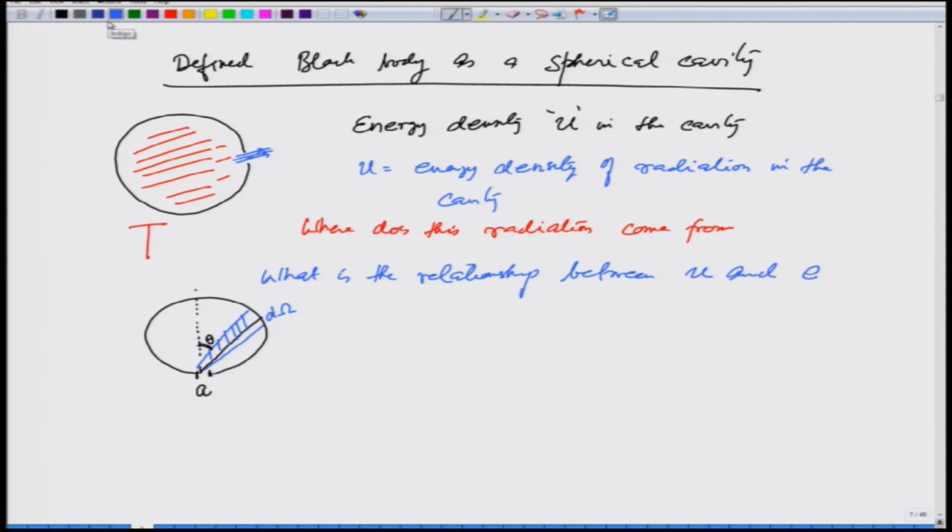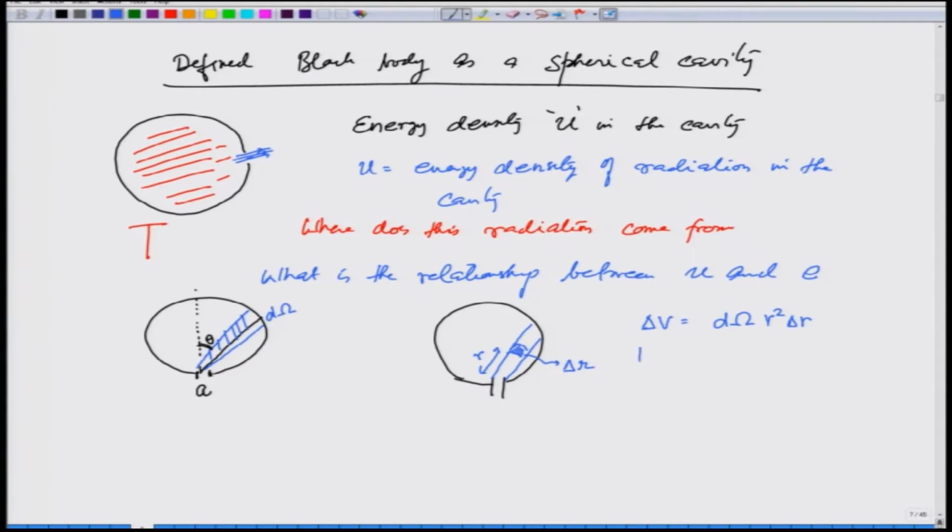I will make this picture again. Here is the cavity, and I am looking into this solid angle. If I look at a distance r, and consider a small volume of length delta r, then the volume of the shaded region delta V is nothing but d omega r square delta r.